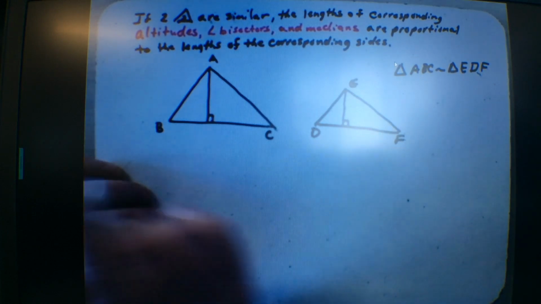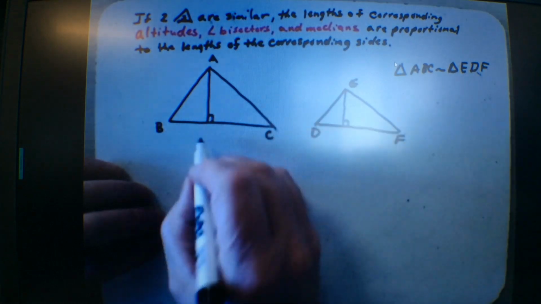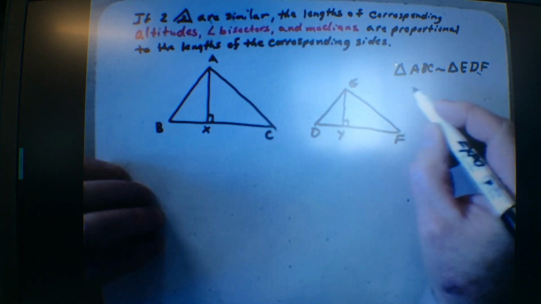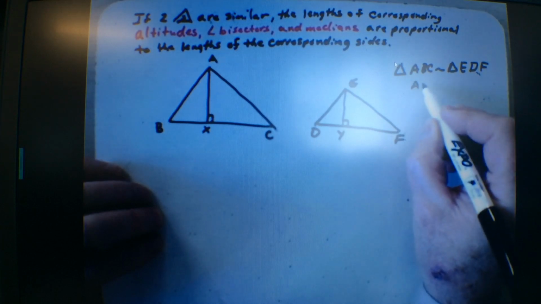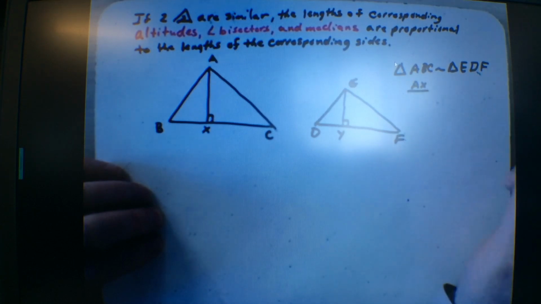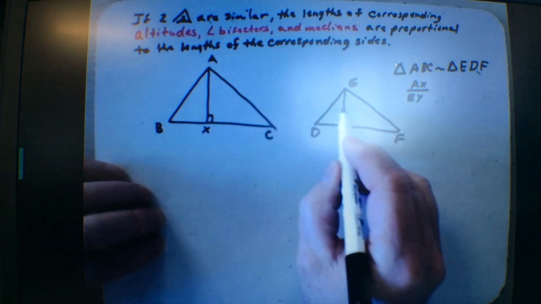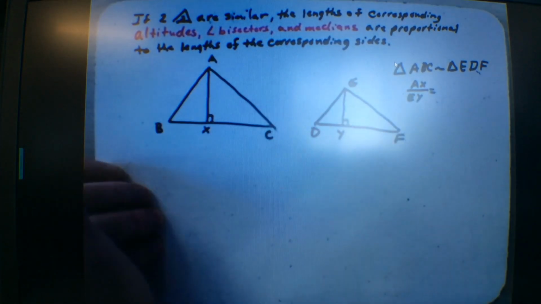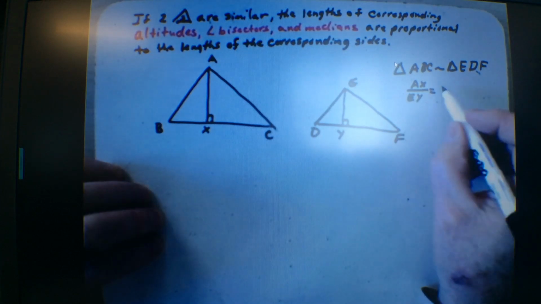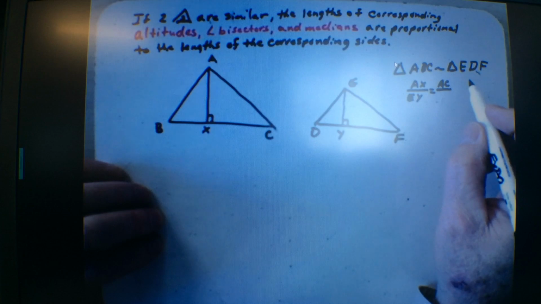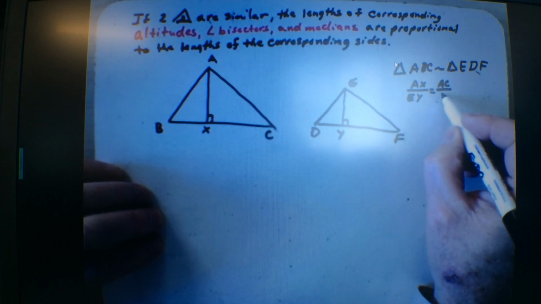All right. And so what this says, I'm going to call this X and this Y. What this says is that the altitude AX over EY, so this altitude over this altitude, is equal to any of the corresponding sides. So we would say AC over what? EF.